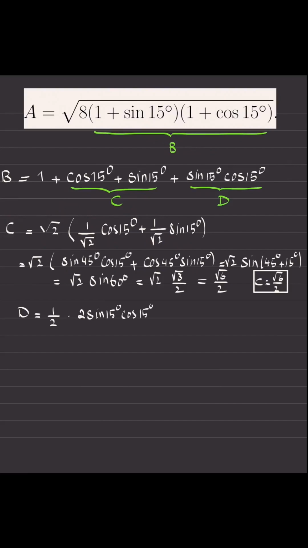So what I have done, I have actually multiplied the expression by 1/2 and 2, so that will be the same expression, but the benefit is that this is the double angle formula for sine, so it becomes sine of the double angle. So this becomes 1 over 2 sine of the double angle means sine of 30 degrees. But sine of 30 degrees is 1/2, so 1/2 times 1/2 is 1/4. So D is also 1/4.